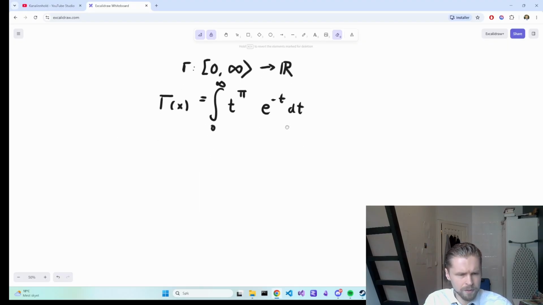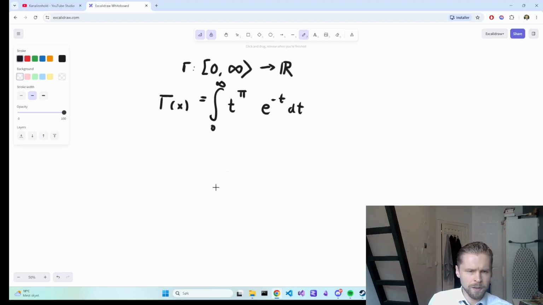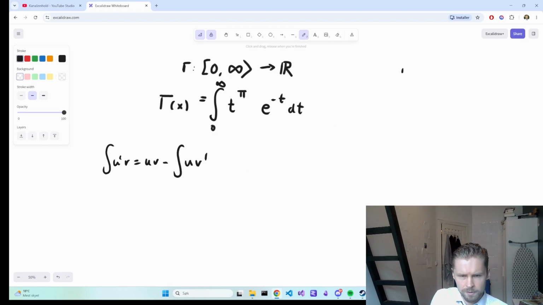Let me zoom out a little bit and look at the integral. If we put the minus up front, then u would be minus t.